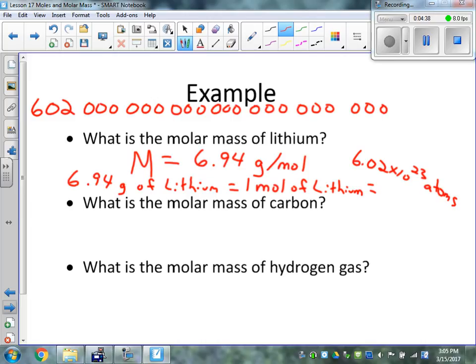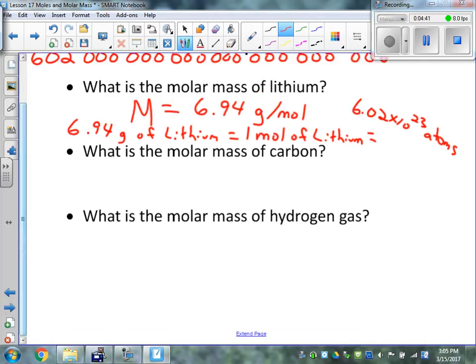All right, what's the molar mass of carbon? Quickly, molar mass of carbon. 12.01 grams per mole. And you'll notice there's a common theme here: as you keep going on the numbers, the weights get larger. Why? Because there's more protons and neutrons.